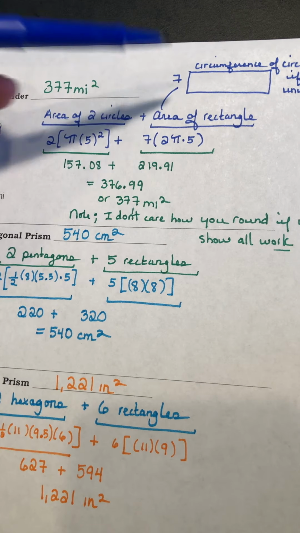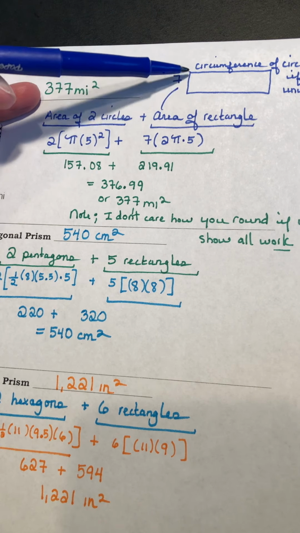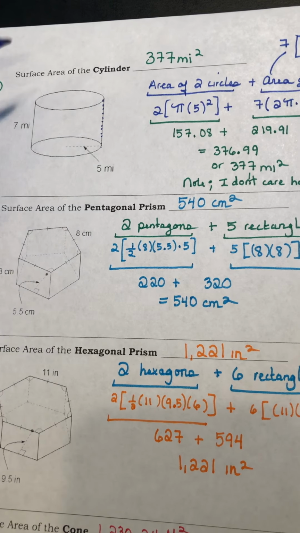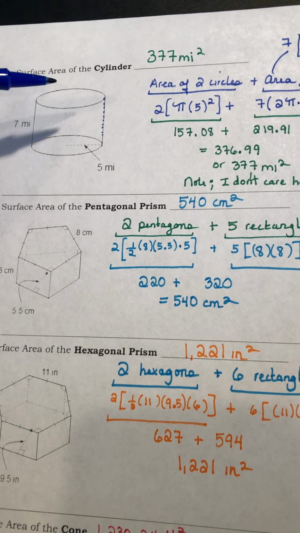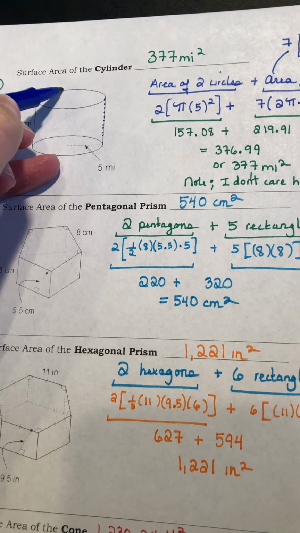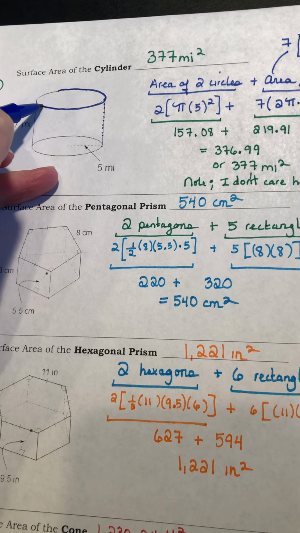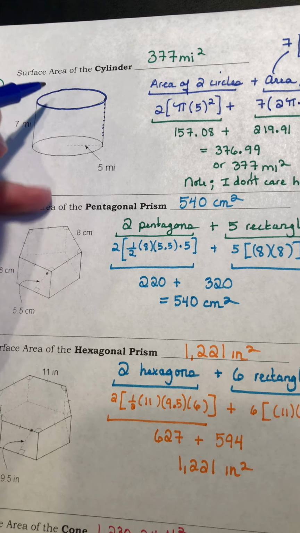Now, the area of a rectangle is base times height. The height of the rectangle we can see is 7 units long, this number right here, okay? Now, the length is actually this distance, right? If I unravel that, that would be this distance. This is really the circumference of the circle.